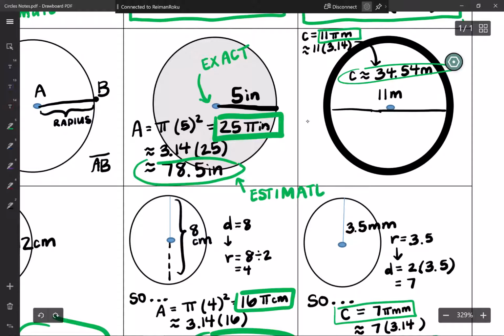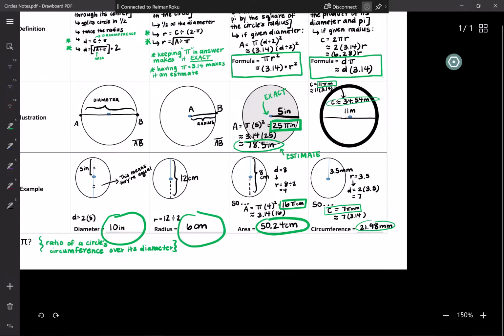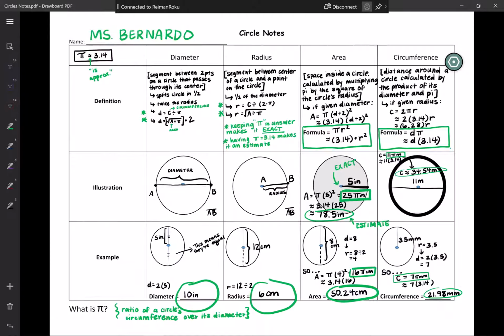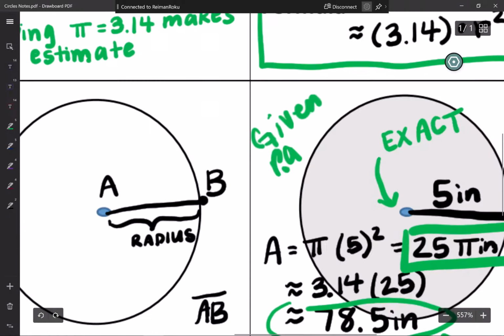Okay, and this first illustration is how you get an area if given a radius. My bad, this pen is acting weird. So, given radius.